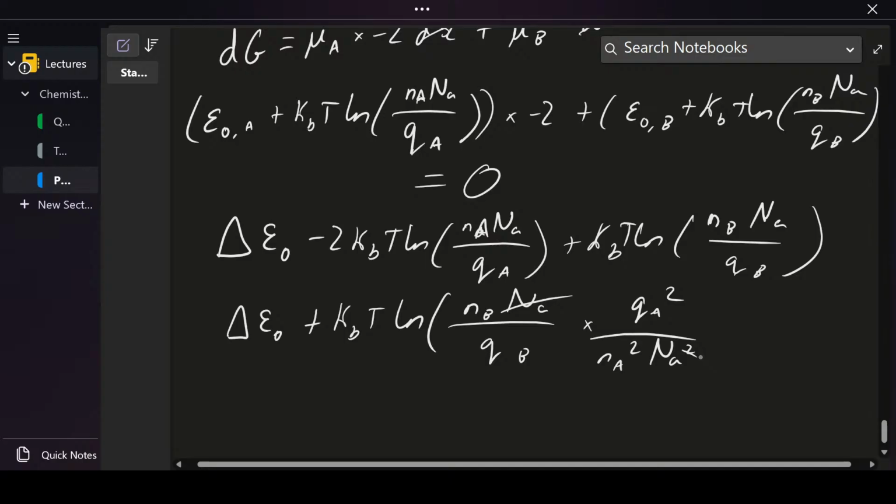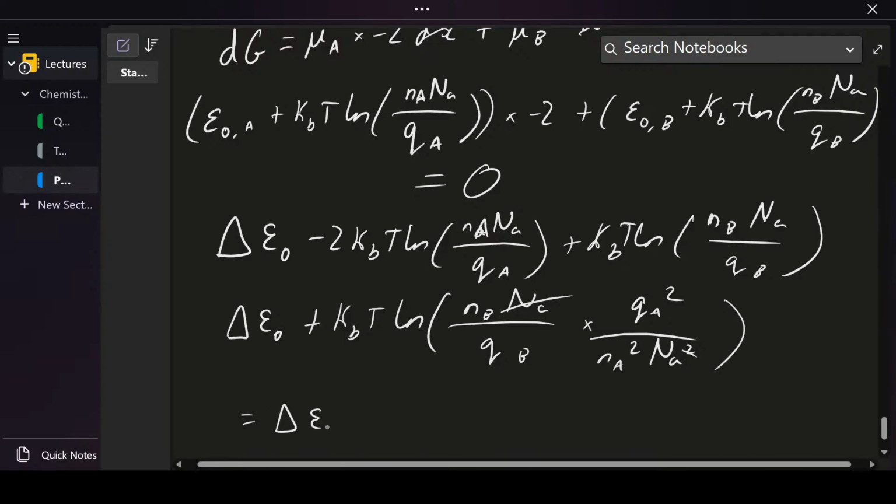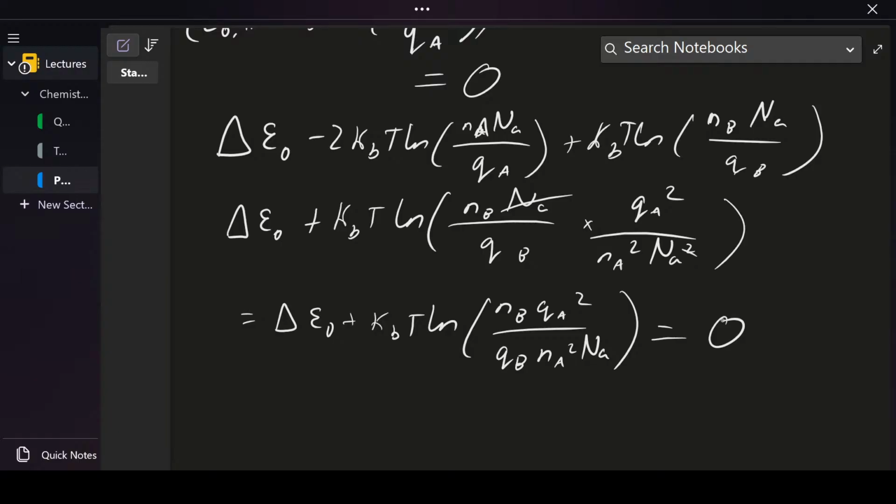This can cancel out here, and combining these is going to overall give us delta epsilon naught plus kBT ln of nB qA squared over qB nA squared times Avogadro's is going to be equal to 0. And so we've essentially derived a formula for something which stays constant once I reach equilibrium.